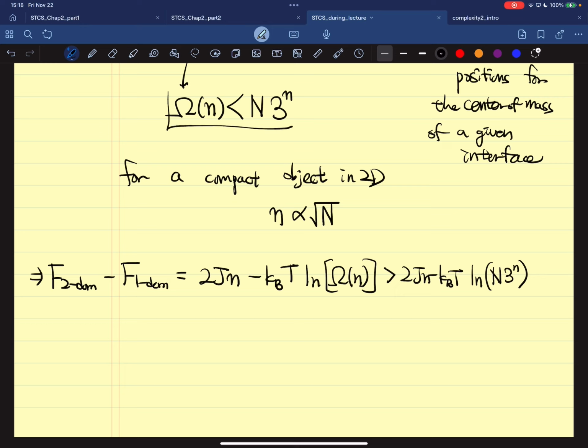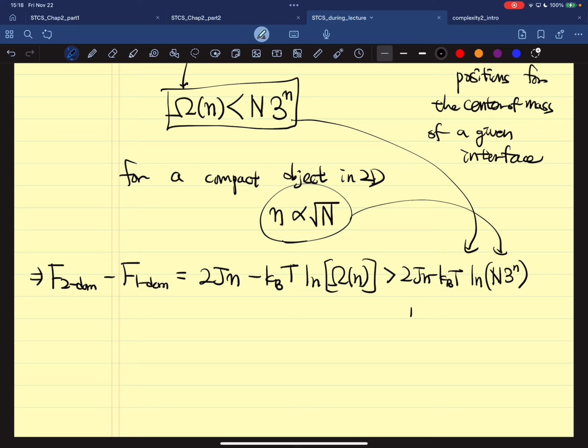Because of this inequality here, and because of this one, we have an extra proportional term similar to KBT log n in this one.